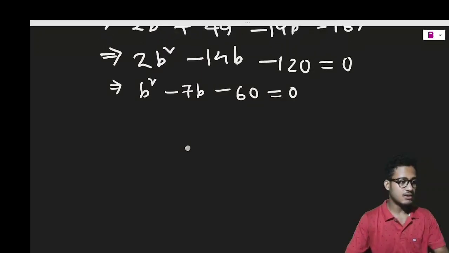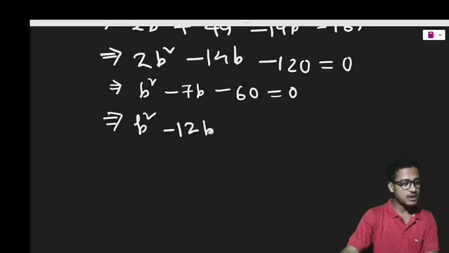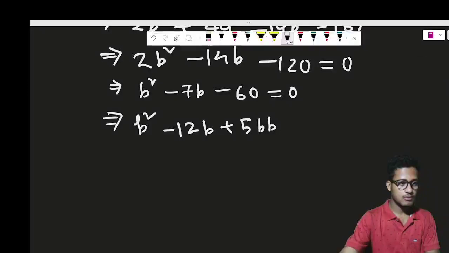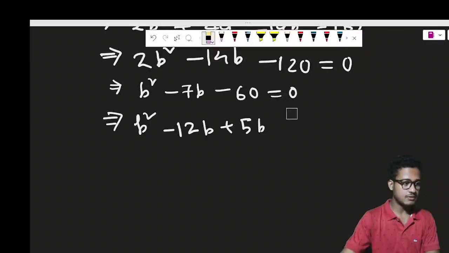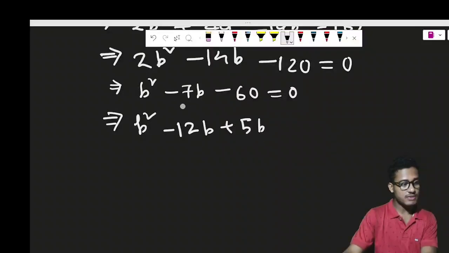This will imply b square minus 12b plus 5b minus 60 is equal to 0.